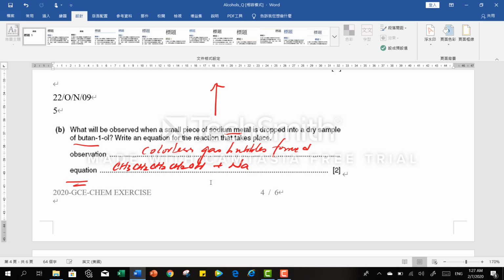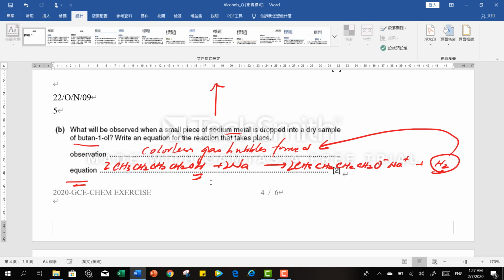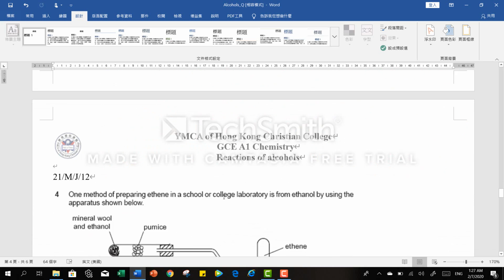If you add sodium, this will be given out, to form the alkoxide ion together with hydrogen gas. So you balance it. It's this hydrogen gas that accounts for the formation of colorless gas bubbles, okay?